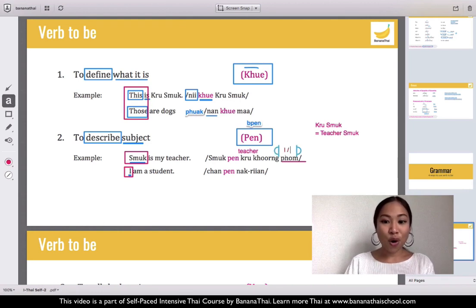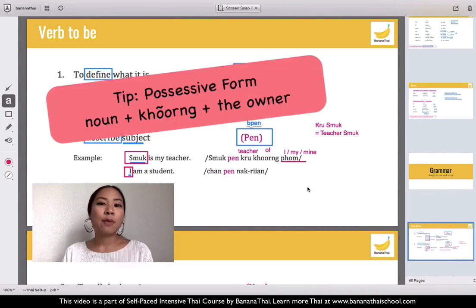I or mine. So no conjugation. ของ is of. So basically, ครูของผม means teacher of mine.